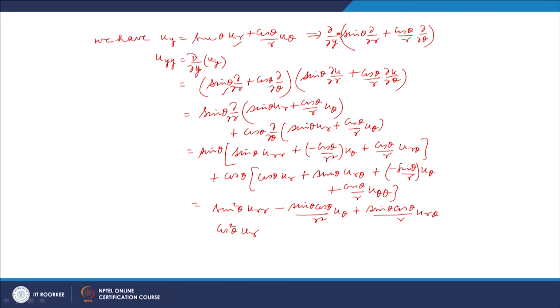We have missed 1 over r here, I think. Yes, in sin theta del over del r of cos theta over r, this cos theta over r we have missed.